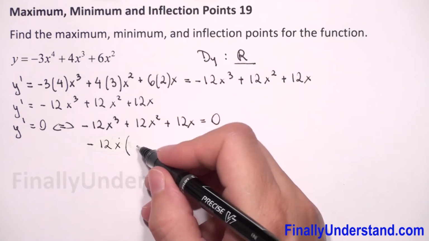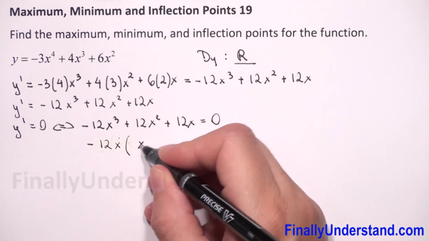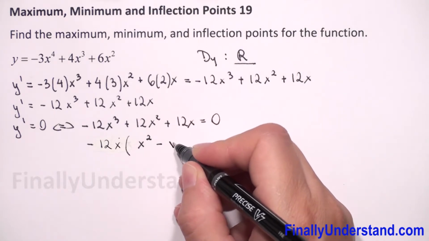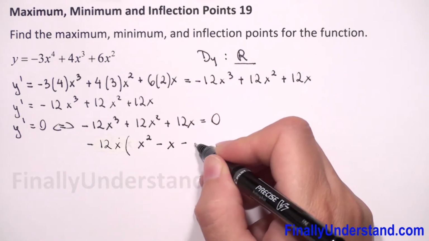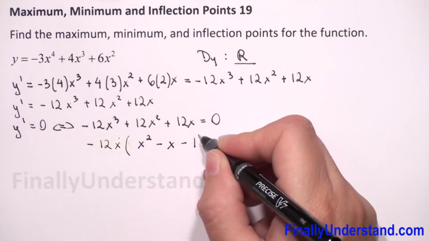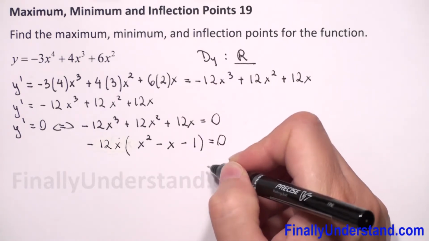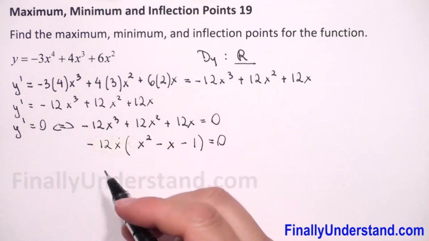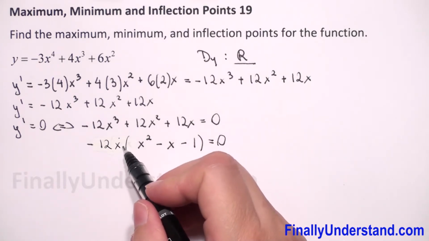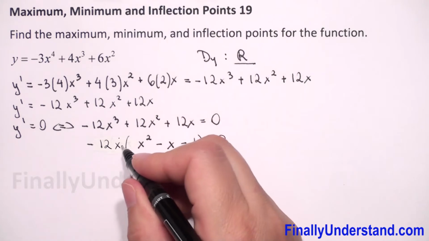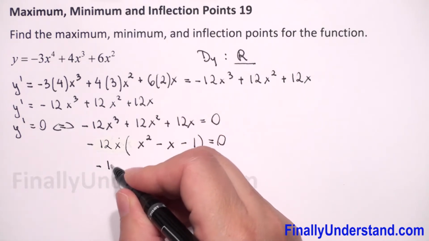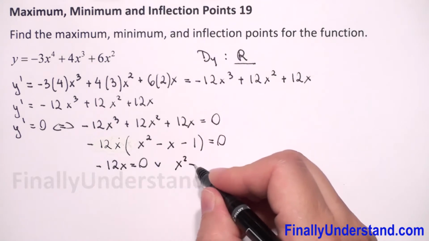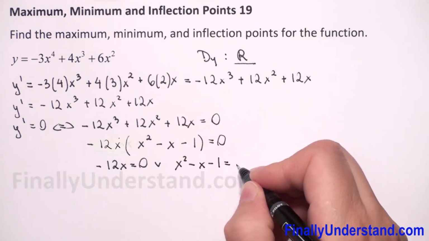So we will have in parentheses x squared minus x minus 1. This is equal to 0. The left side will be 0 when, because we have multiplication, negative 12x is 0, or x squared minus x minus 1 is 0.